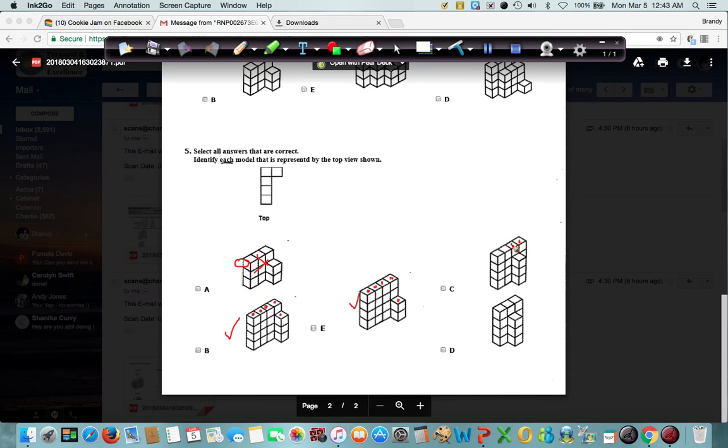Cool. 1 here, but wait a second. This is in the second section, isn't it? See, it's with the second cube. We need it to be with the first cube. That's not going to work for us. And D is out because it only has 3 at the top, so you don't even have to go any further than that. So it looks like B and E are the answers for number 5.